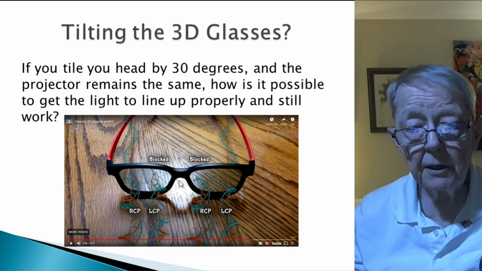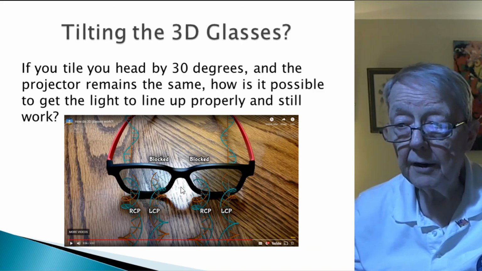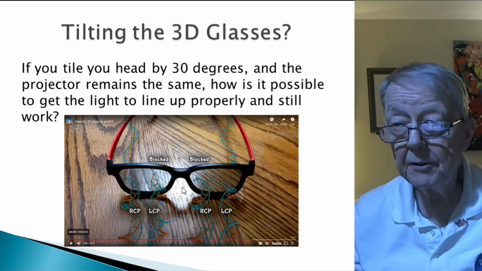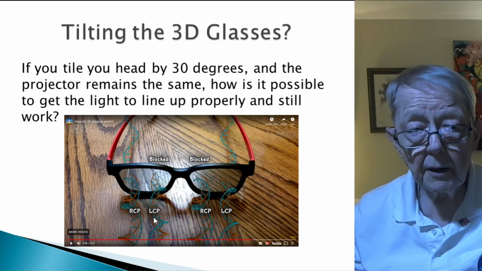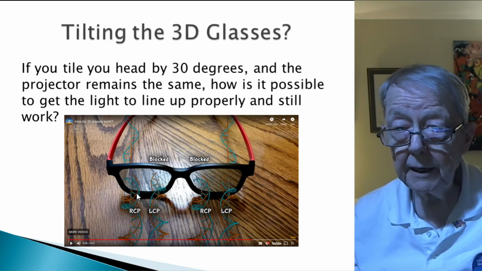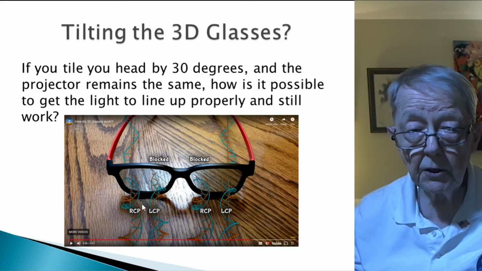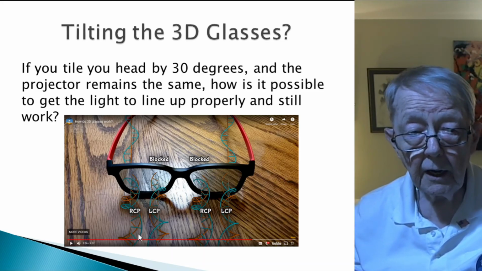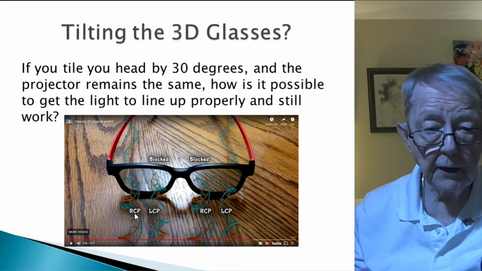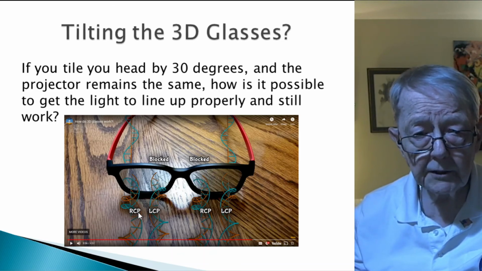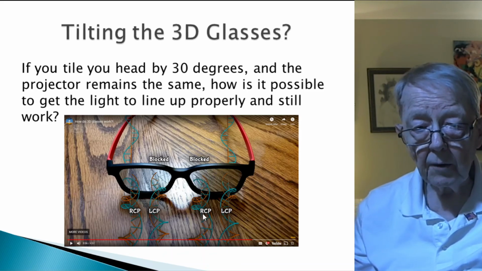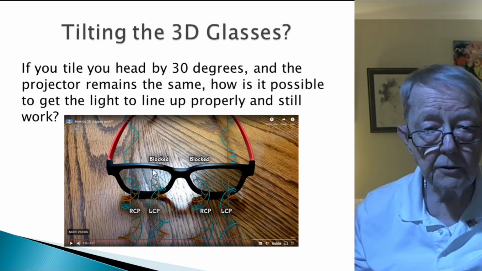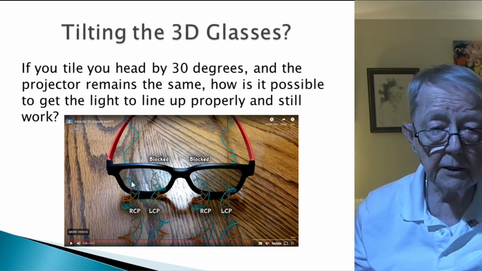Now, when you tilt them, my picture isn't good enough to tell even me how it works when you tilt those glasses. But what all they do, they don't explain about the phase. They show you these fancy drawings with these are the right-centered polarized light and left, right and left, and when it goes through this one, ones get blocked and this one doesn't.